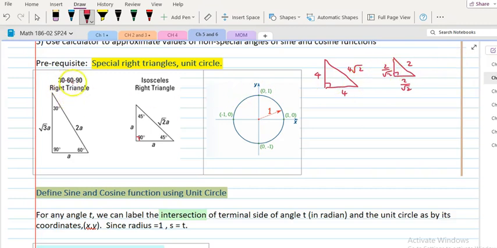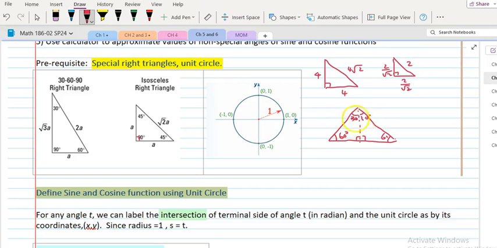The other one is the 30, 60 right triangle. If you have an equilateral triangle, that means all sides are equal, and you cut it into two halves, you would have two 30, 60 triangles, because in an equilateral triangle, all the angles are 60 degrees, right? So this is 60, this is 60, and the line that cuts the equilateral triangle into two halves will cut this angle into 30 and 30.